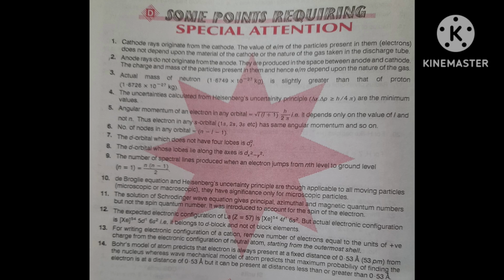According to Bohr's model, the electron is always present at a fixed distance of 0.53 angstrom, or 53 picometer, from the nucleus, whereas the wave mechanical model predicts that the maximum probability of finding the electron is at a distance of 0.53 angstrom, but it can be present at a distance less than or greater than 0.53 angstrom.